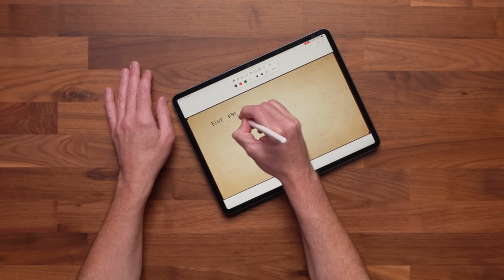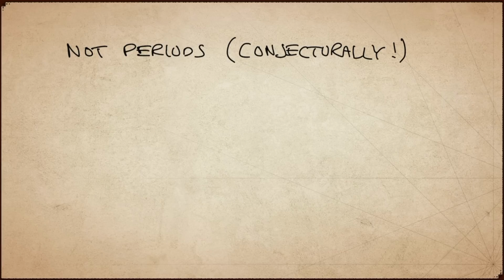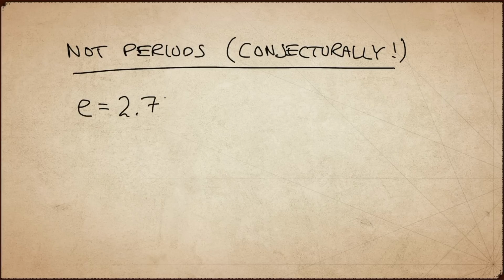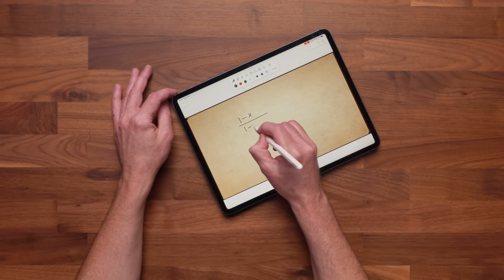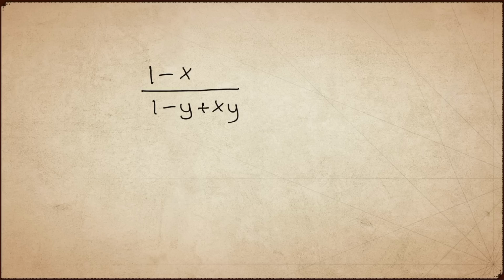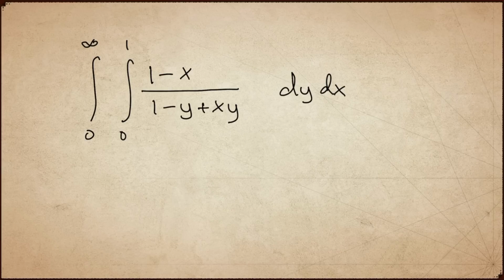So, which numbers are not periods? Well, it's very hard to prove that a specific number is not a period, but conjecturally, the number e and also the Euler-Mascheroni constant gamma should be not periods. If I write down this rational expression and integrate over y from 0 to 1 and then x from 0 to infinity, this would be a period if the integral converged.